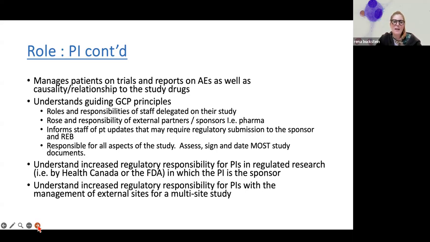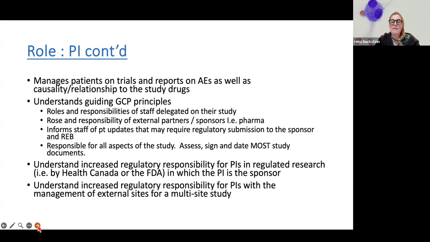And there's increasing responsibilities for principal investigators by Health Canada and the FDA, particularly if you're the sponsor. So if this is investigator-initiated research, and I think in transfusion medicine, more of it's going to be investigator-initiated, you have a lot of responsibilities. The buck stops with you. So it's important that you know what they are.